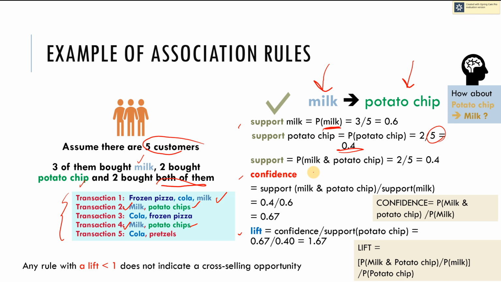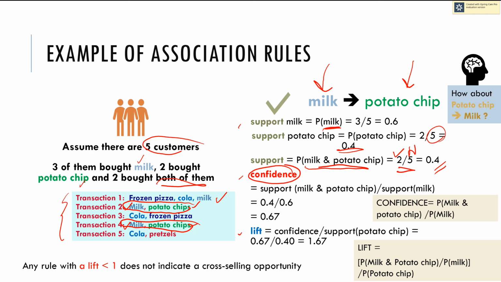What about the support if we would like to see milk and potato chips bought together? How frequently are these two bought together? From here, we take a look at the transactions that have both of these two, where this is the one, and another one. So we have 2 transactions over N, all transactions, that is equal to 0.4. Then we would like to see the confidence, if a person bought milk, whether he or she will also buy potato chips. This is where we use the confidence.